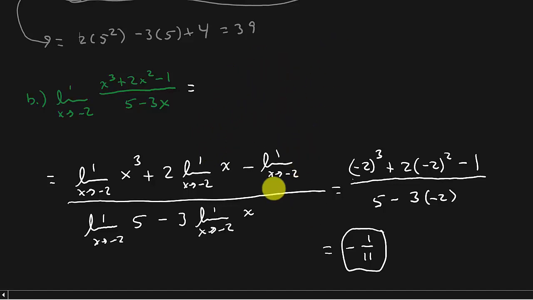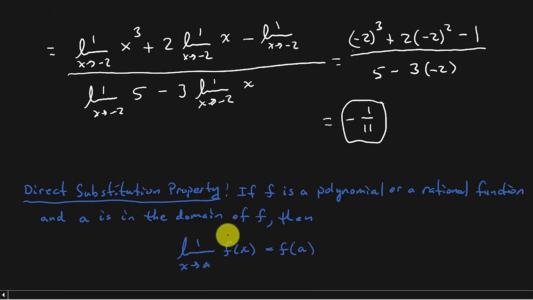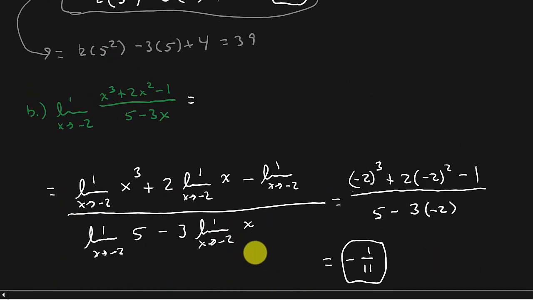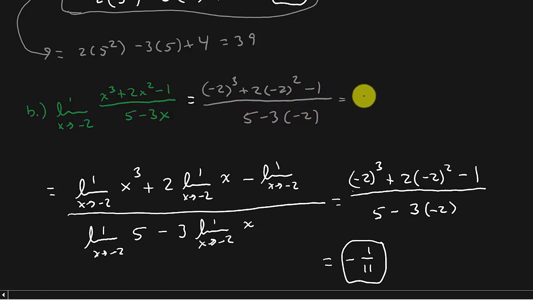So according to this property here, I can just say this is equal to negative 2 cubed plus 2 times negative 2 squared minus 1 over 5 minus 3 times negative 2, and that would give me negative 1 over 11.